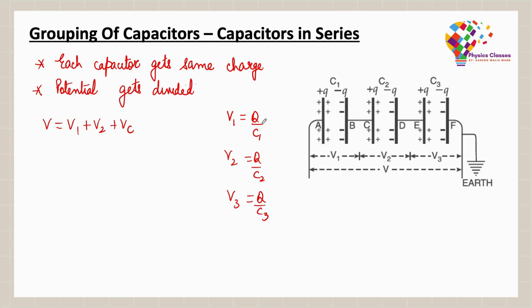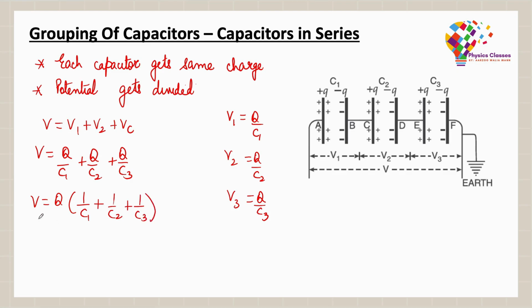Let's substitute these here. So my V would be written as Q by C1 plus Q by C2 plus Q by C3. And this can be further written as, if I take charge as common, Q into 1 by C1 plus 1 by C2 plus 1 by C3.